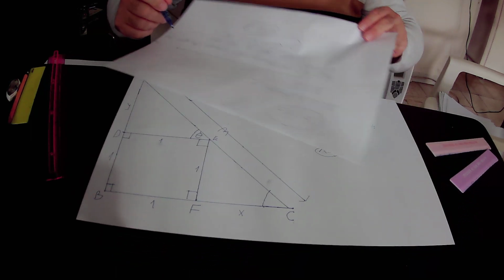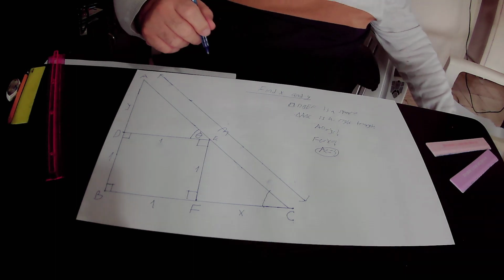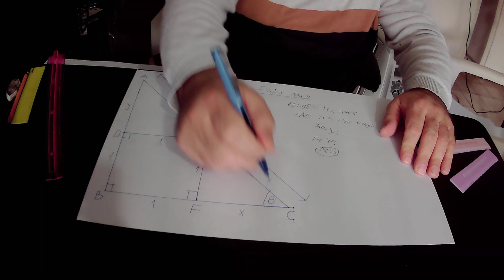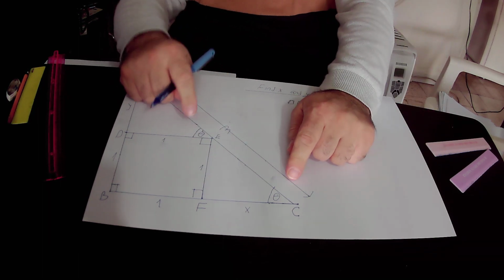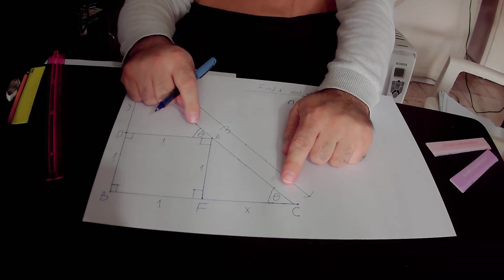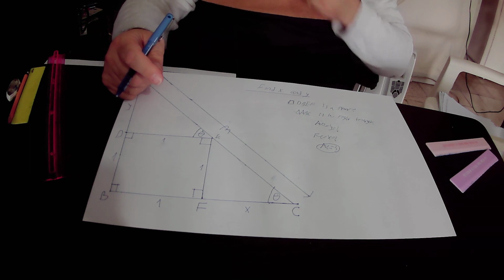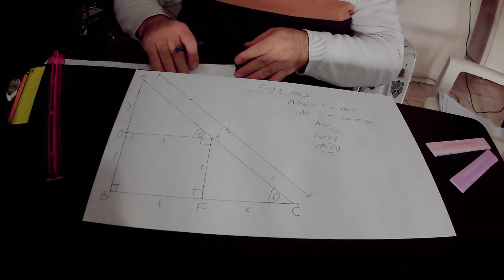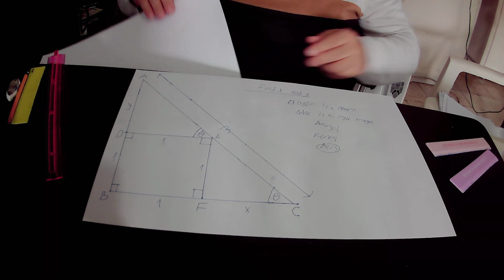So we can write here that angle ECF, this angle, also equals theta. So we found out that those two angles are equal to each other and they are both equal to theta.